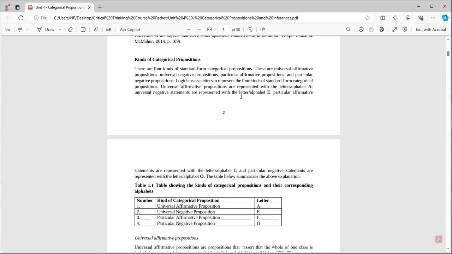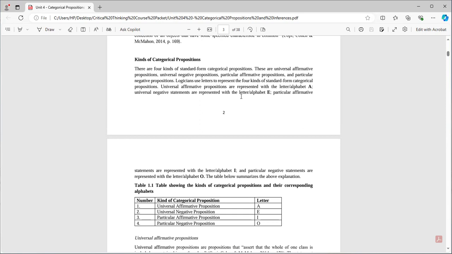And then the fourth type is a particular negative proposition. It makes a claim that some members of the subject class are excluded from the predicate class.